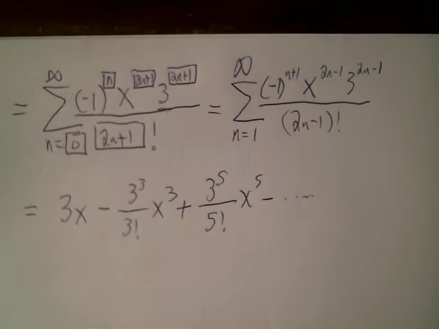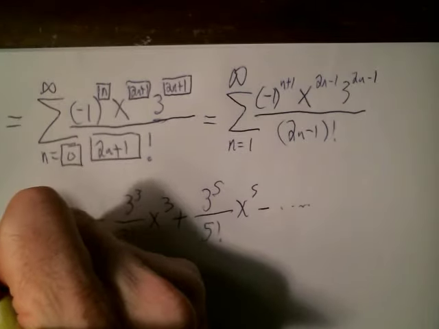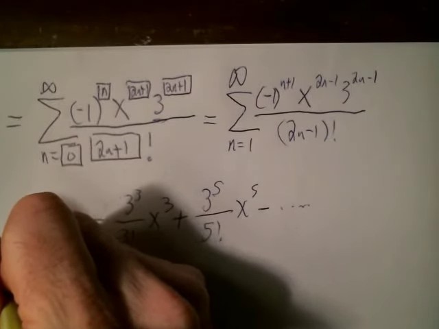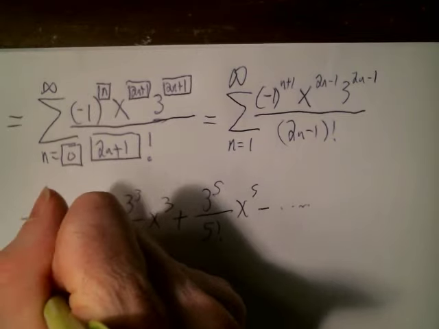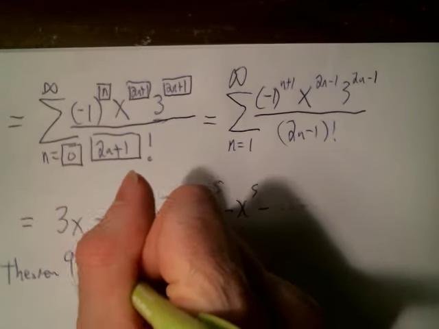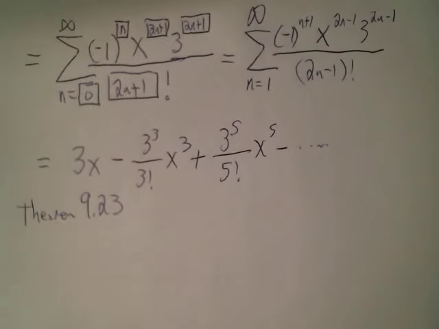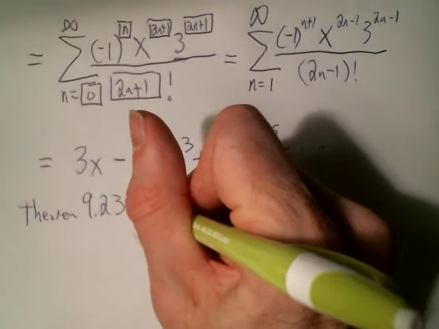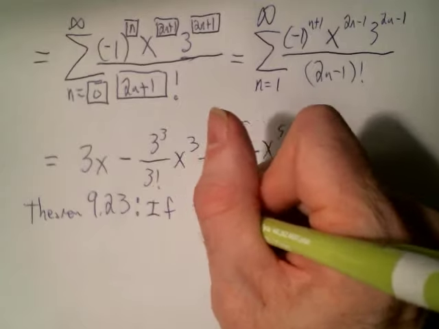So you have to have this theorem 2.9.23, which tells you when these things are actually going to conform to the original function. And it all goes back to that Taylor's remainder formula.